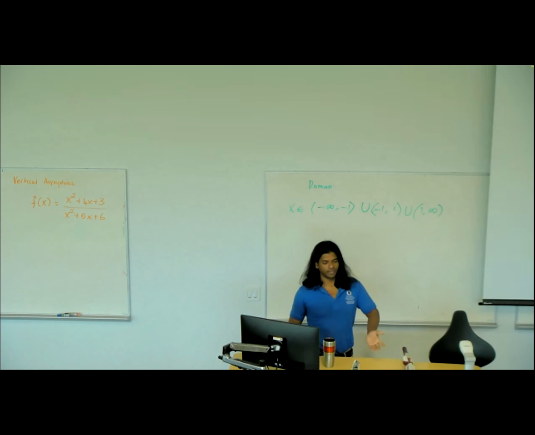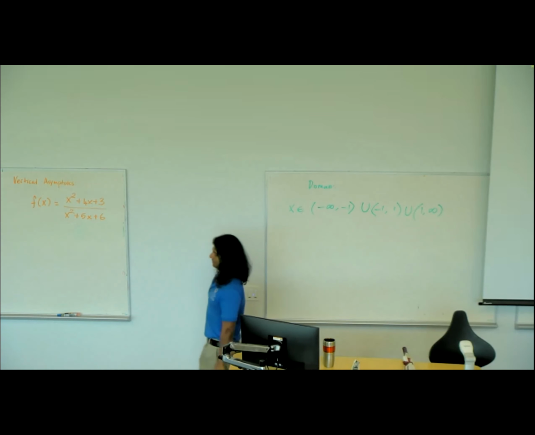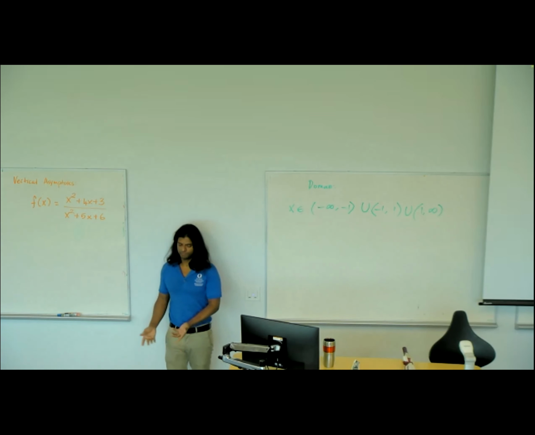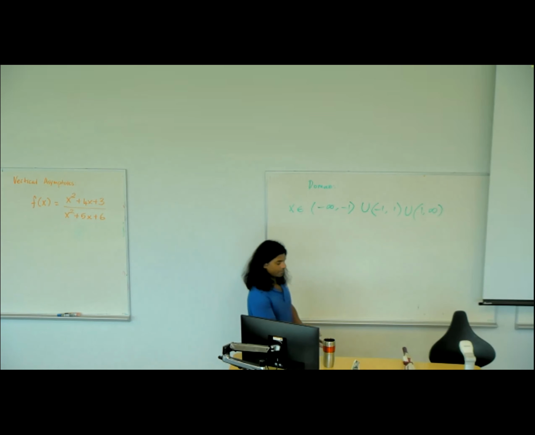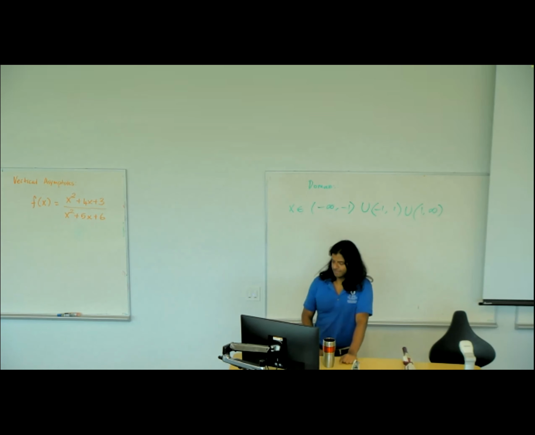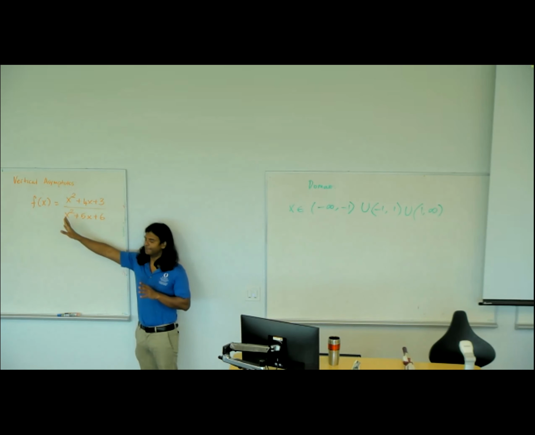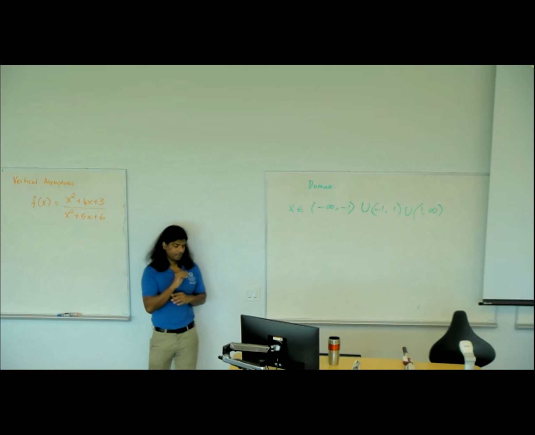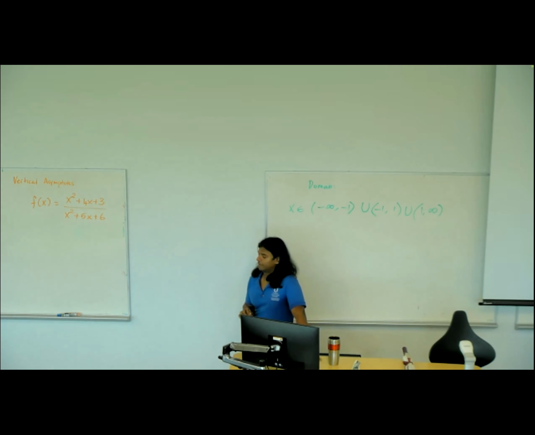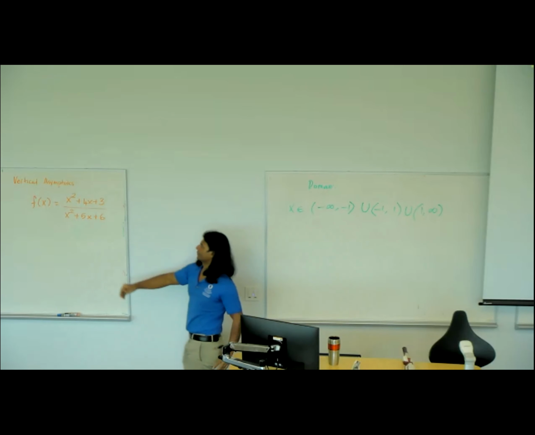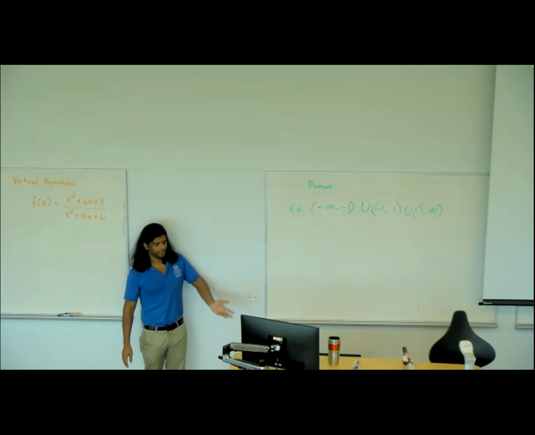Ask yourself a few questions. Is there a vertical asymptote? Is there a horizontal asymptote? And then proceed to finding the range and the domain, or vice versa. So what we have here is x squared plus 4x plus 3 divided by x squared plus 5x plus 6. First question to ask is, are there points where the denominator will become 0?